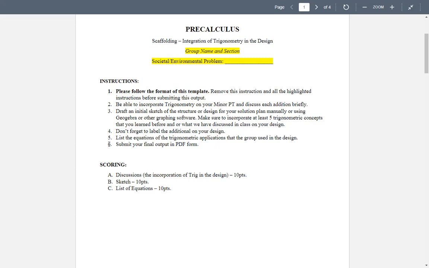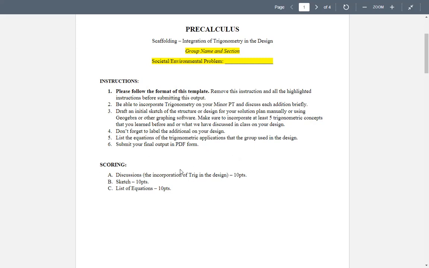Next, list the equation of the trig applications that the group used in the design, such as your angles, the measure of your angles, the measure of your arc length, and the measure of your radius or whatsoever, as long as it's a value or an equation that you have added on your design. And lastly, submit your final output in PDF form.